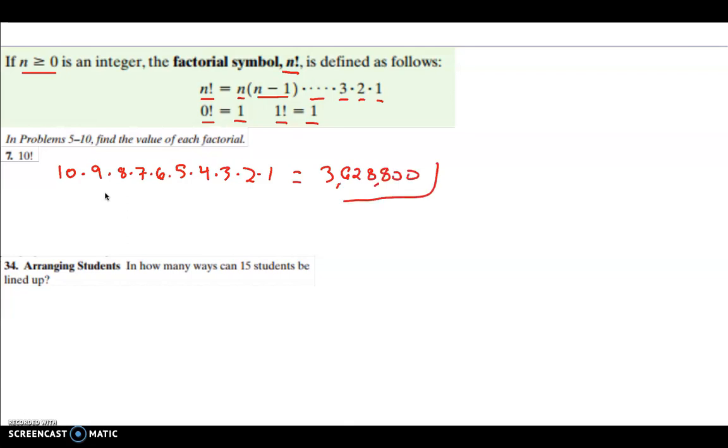Again, factorials get big, and they get big in a hurry. You can use your calculator. You're just looking for the exclamation mark. You may have come across it on your calculator, and now you're like, oh, that's what I would use it for. You would just simply type a 10, then the exclamation mark, and enter. It should spit out this number. Now, what use would this have?